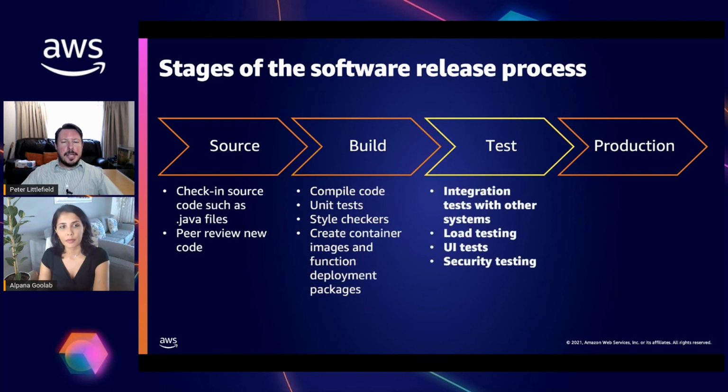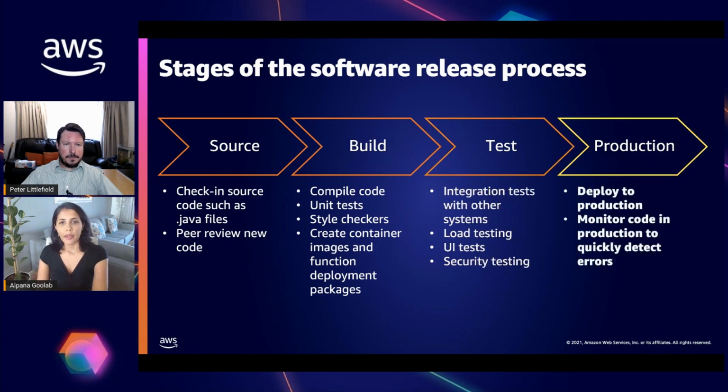Test is when you're doing integration tests with other systems. You might also be doing load testing, user interface testing with tools like Selenium, or performing security tests. And finally, you get to production. You're deploying your new code into that production environment and monitoring that code for any errors that it might have introduced into production.